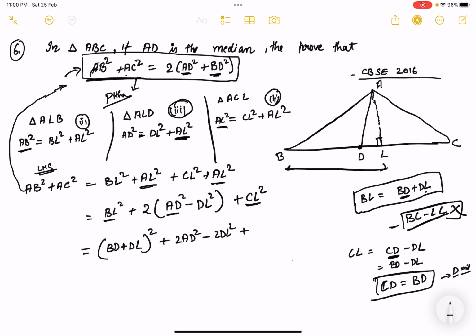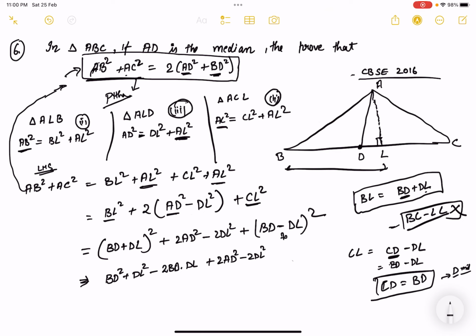So let's make the substitution for CL. So we have BD minus DL whole square. Let's open everything. We have BD square plus DL square minus 2BD into DL. Then again plus 2AD square minus 2DL square.